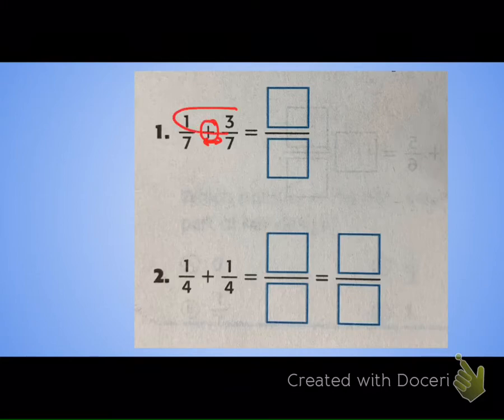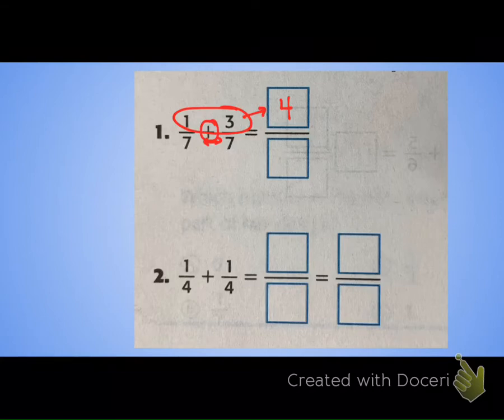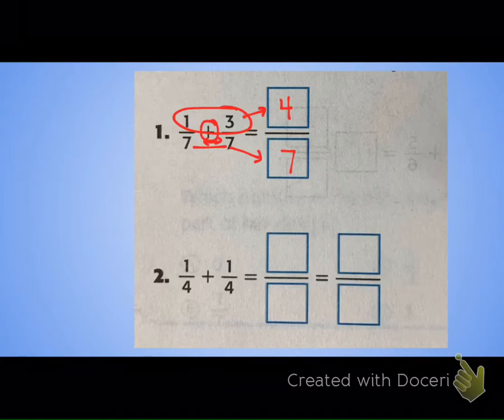So we're adding 1 plus 3. 1 plus 3 is equal to 4. Our sevenths, like we just talked about, step number 3, that stays the same. So our answer is 4/7. Can we simplify 4/7? Remember, is there a common factor between 4 and 7? There is no common factor other than 1 between 4 and 7, so it's already in simplest terms.